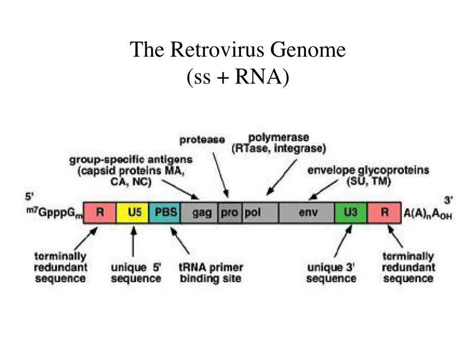The PRO domain encodes the viral protease, while POL encodes the reverse transcriptase and the integrase enzymes. The ENV domain encodes the surface, or SU, protein and the transmembrane, or TM, glycoprotein. These two glycoproteins are responsible for viral attachment and penetration.